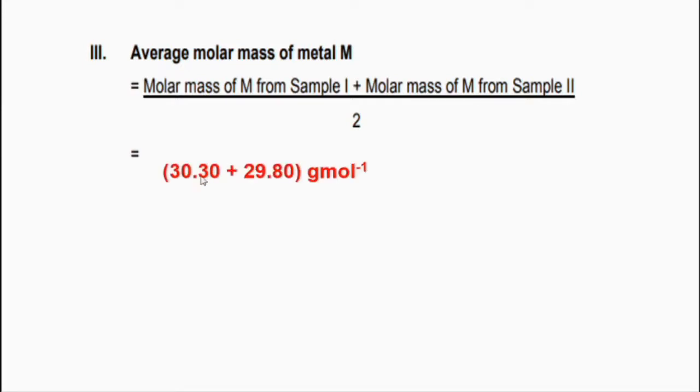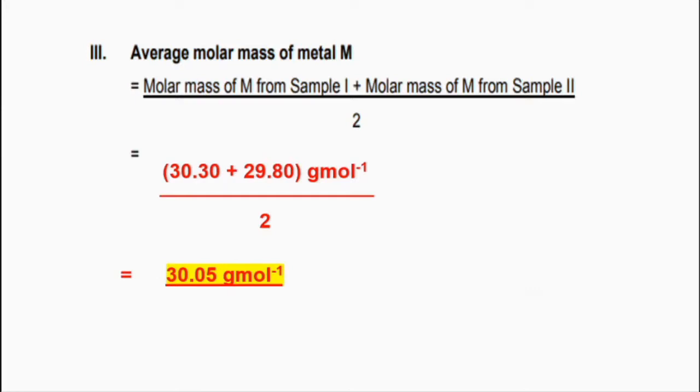So 30.30 plus 29.80 grams per mole divided by 2, and finally the average molar mass of metal M is 30.05 grams per mole. Don't forget the unit.